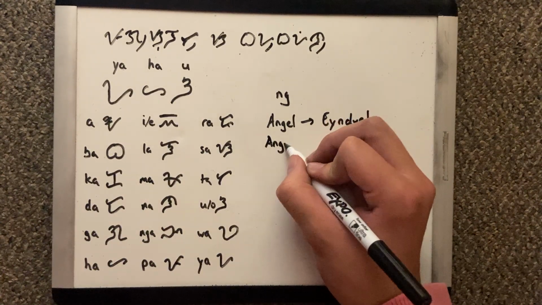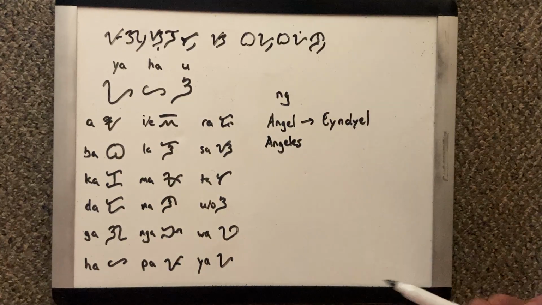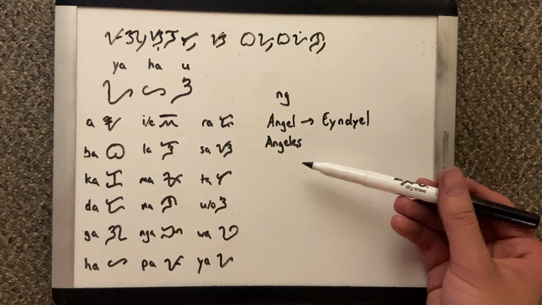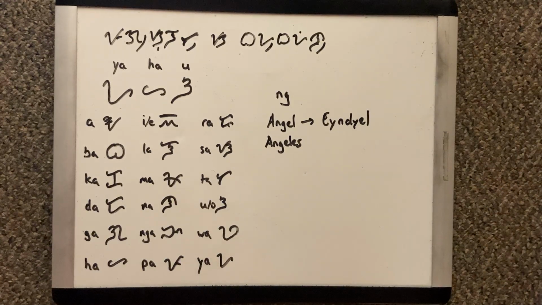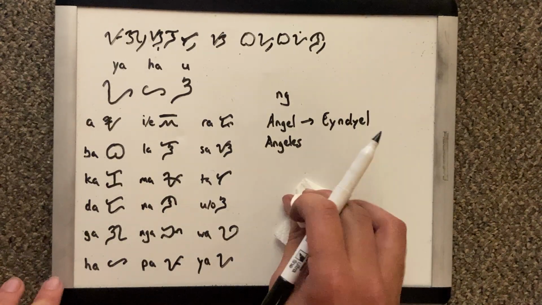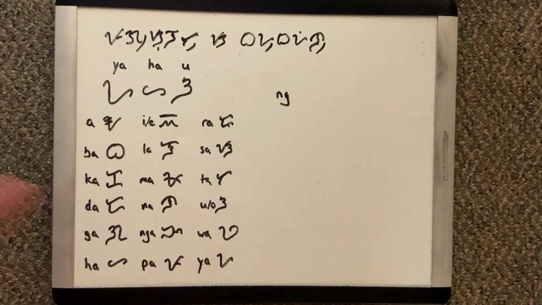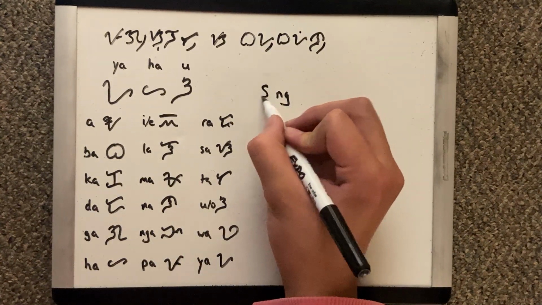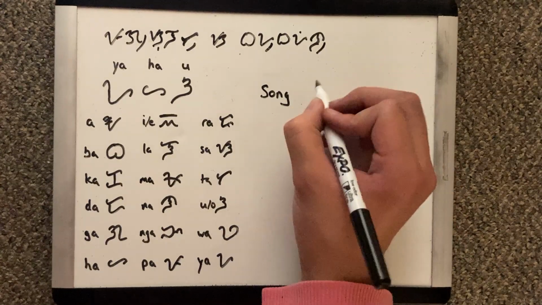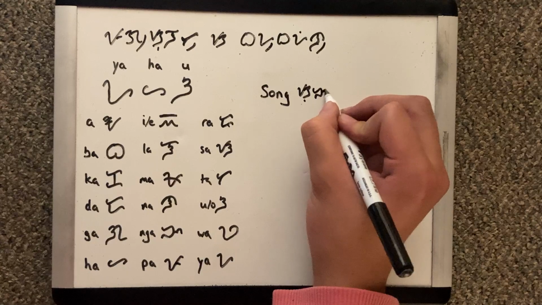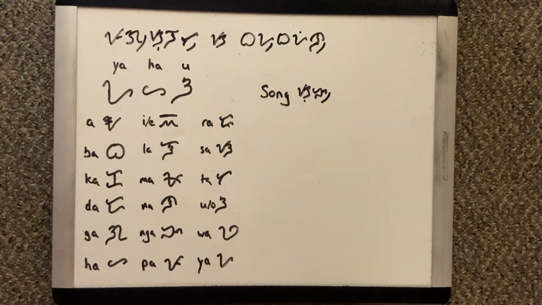Even in this name, you might see it as Angeles or Angeles. It's very rare that it would be pronounced Angeles with the ng sound. But it did appear in Angeles, just like how it'll appear in song, which is the sa, and then the nga with the vowel cancelled.